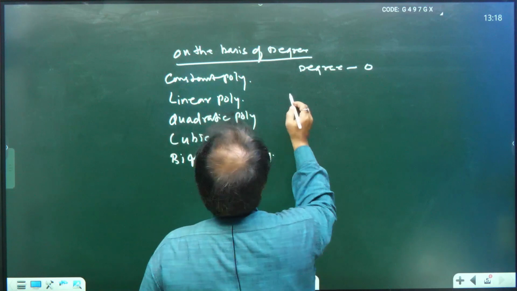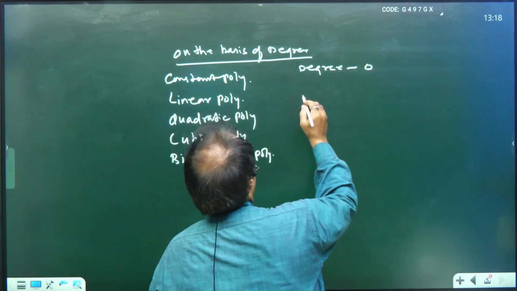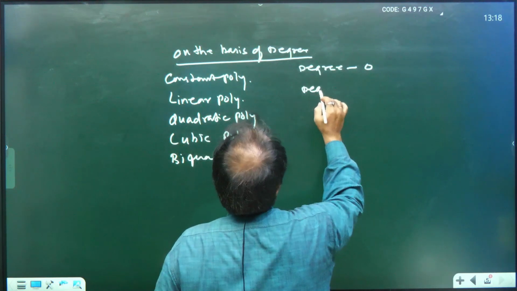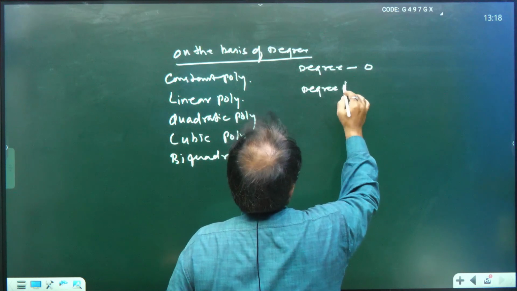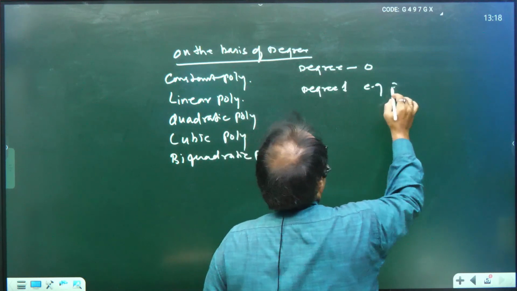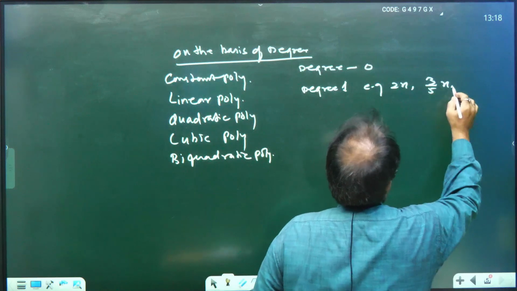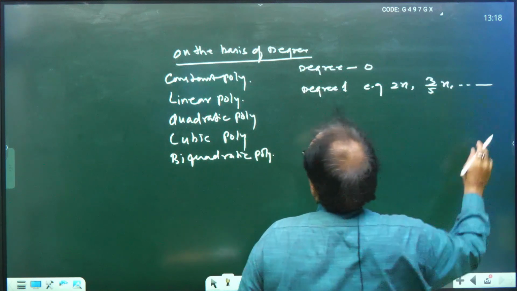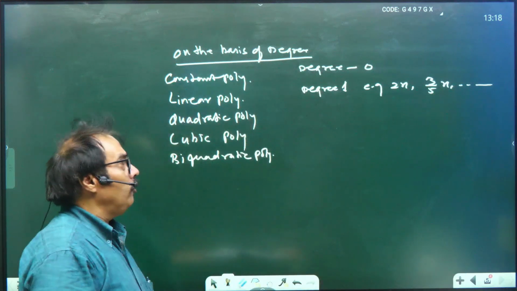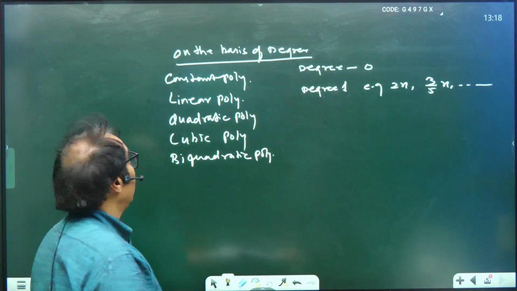Linear polynomial means a polynomial having degree 1. For example, it may be 2x, or 3 by 5x, whatever it may be. This is a linear polynomial, a polynomial of degree 1.